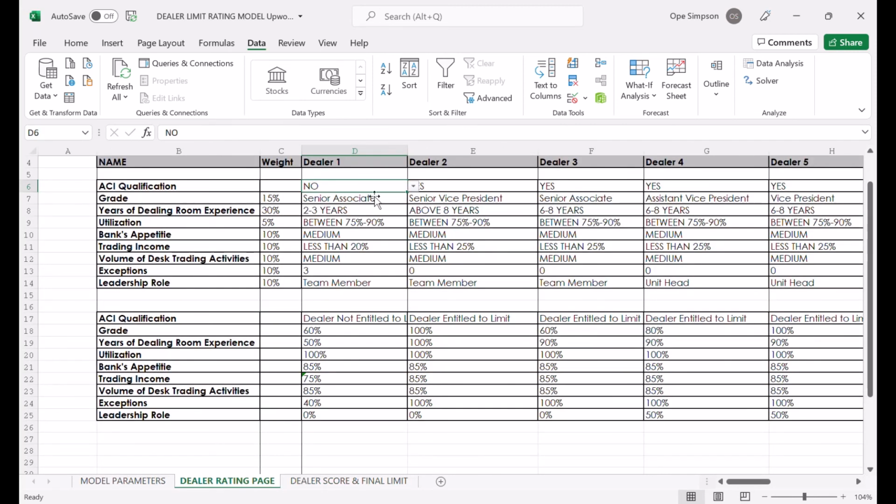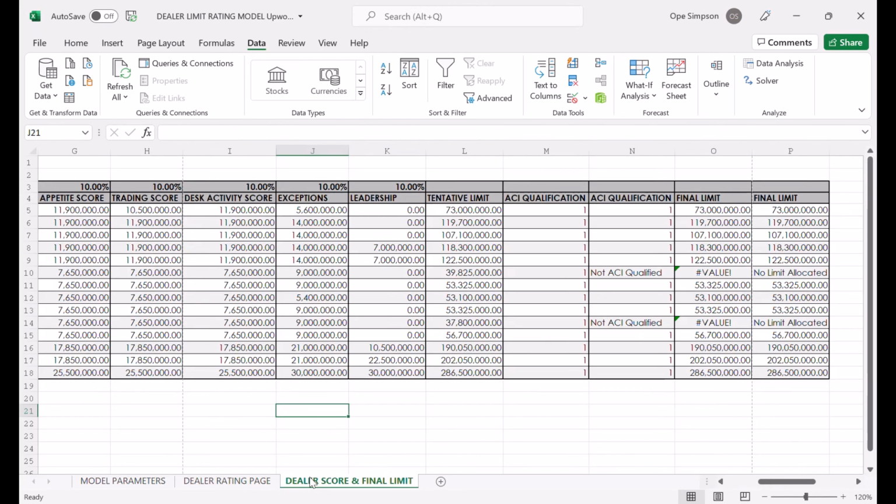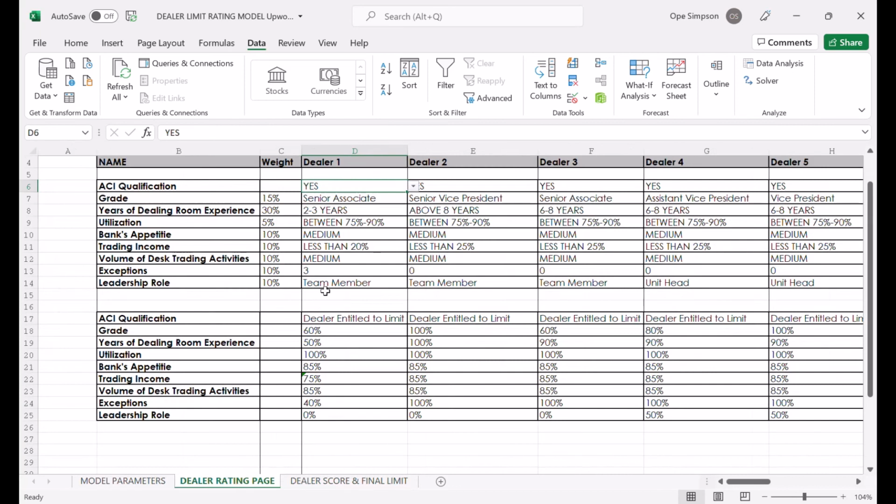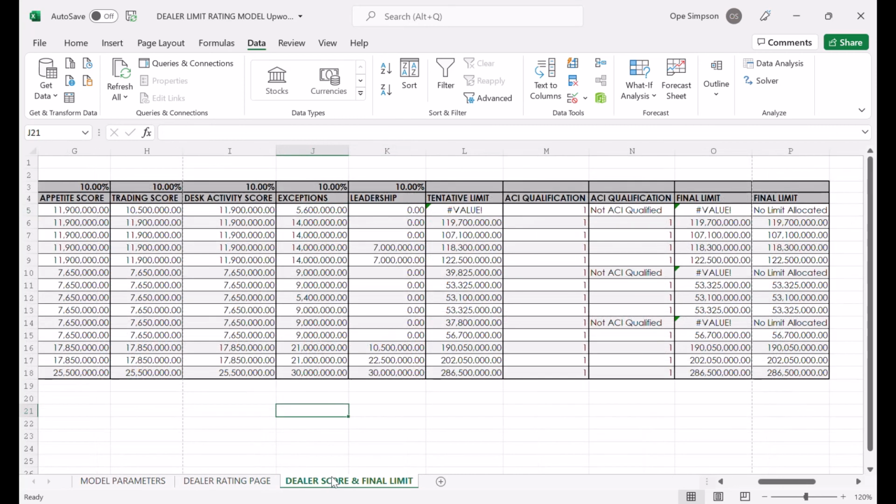Let's put that back. His limit is back. However, if we say he has 0 to 2 years of dealing room experience, we also notice that he's not allocated any limit.